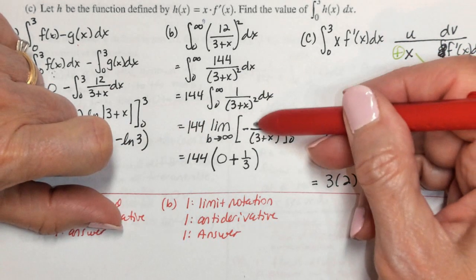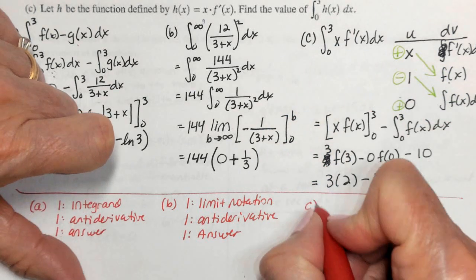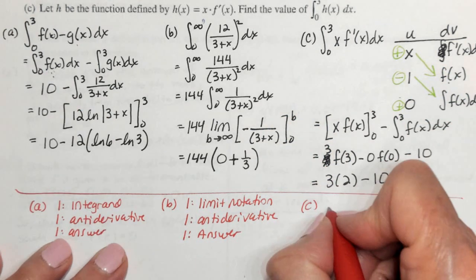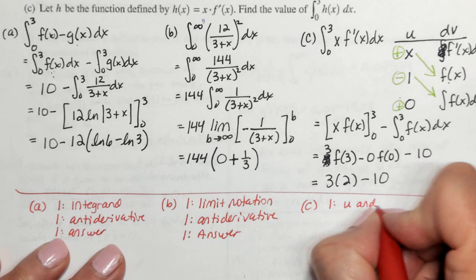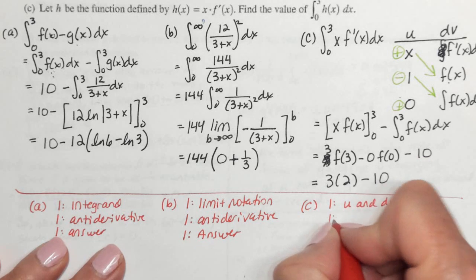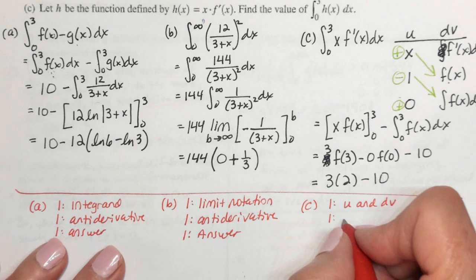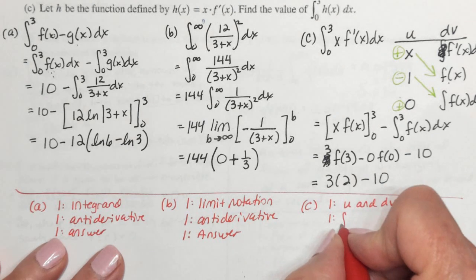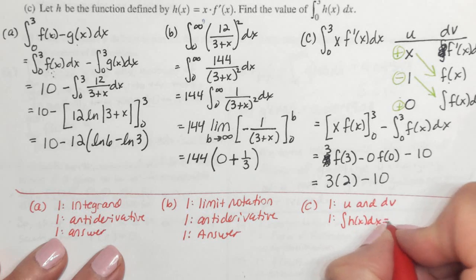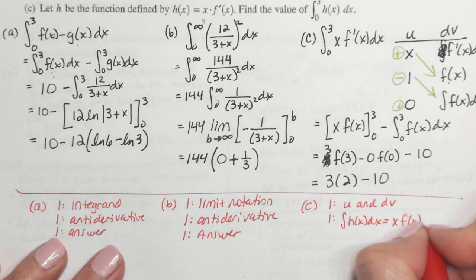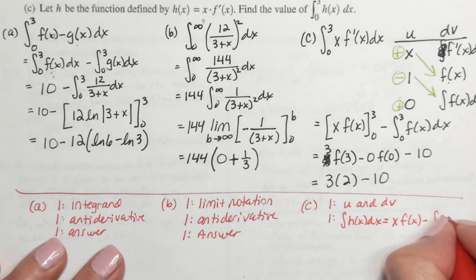Antiderivative and answer. Part C, 1 point for doing by parts integration, u and dv. 1 point for, here's what they wrote. Integral of h of x is equal to x f of x minus the integral of f of x.